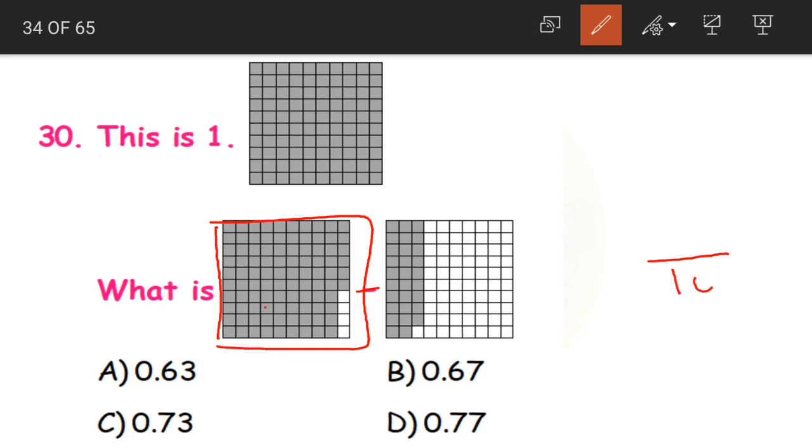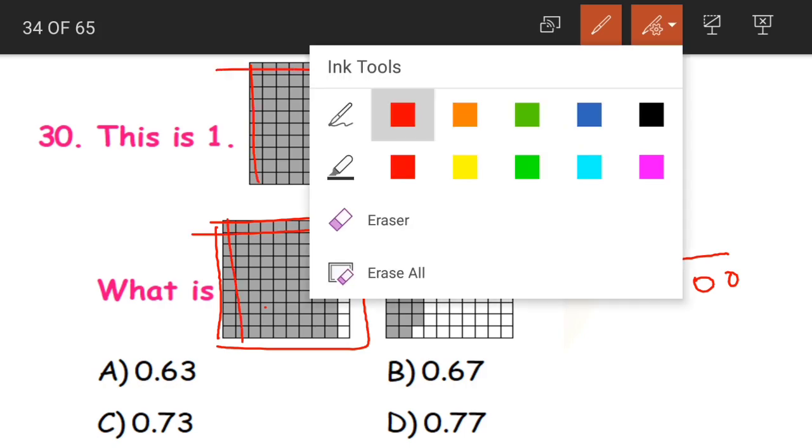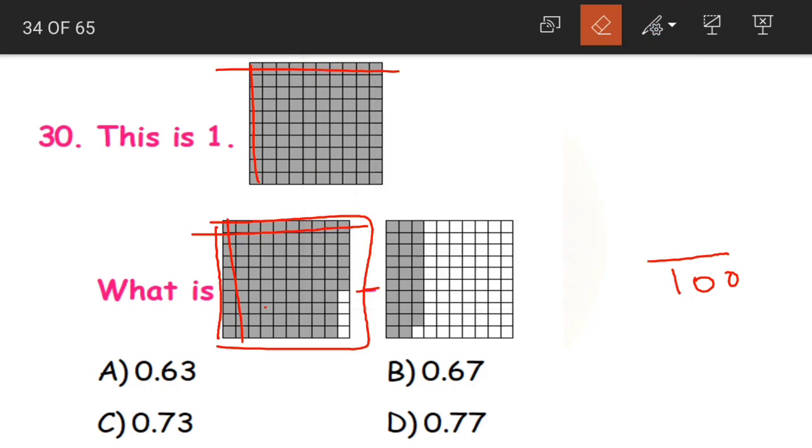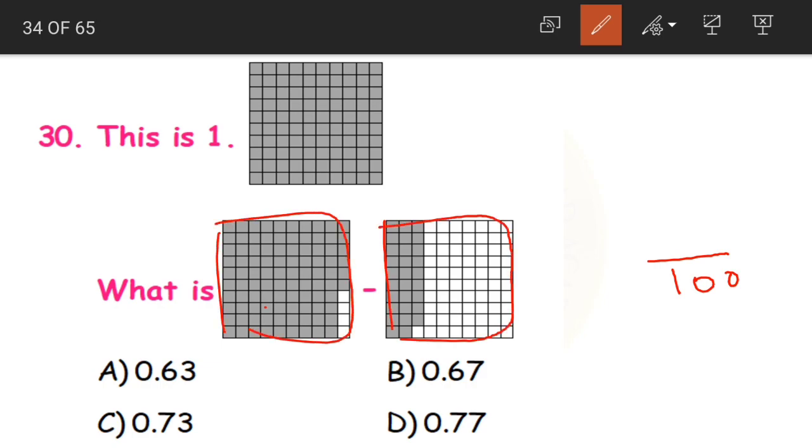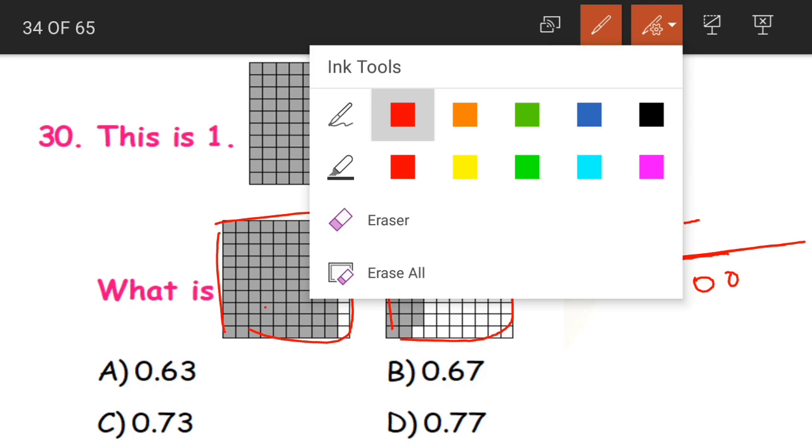We are having 100 blocks. We are having 10 rows into 10 columns in the figure. So that is why 100 blocks are there in the given figure. The denominator becomes 100. Both are the same figures, right, children? Yes. So both will have the common denominator 100.